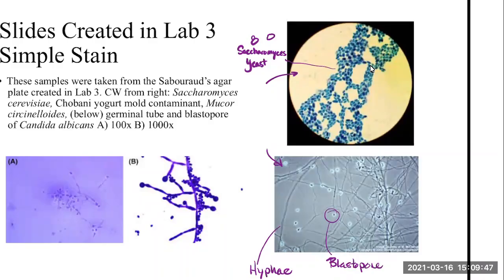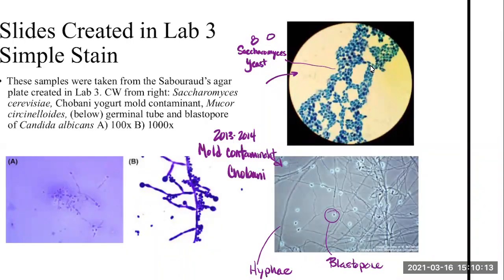This one in particular was from back some years ago, 2013, 2014, when there was a mold contaminant in yogurt. The yogurt that was contaminated was Chobani.